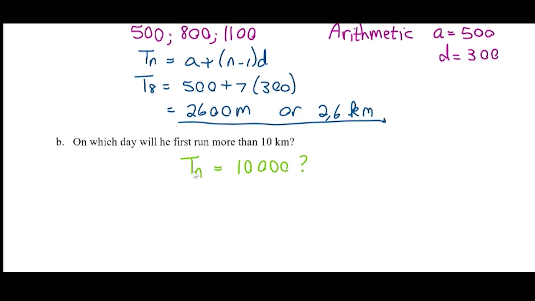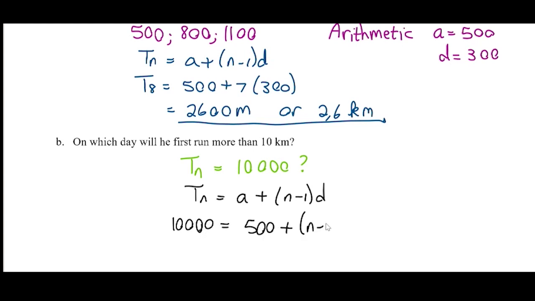Right, here's our equation. Tn equals A plus n minus 1 lots of D. Right, and what we get is 10,000 is 500 plus n minus 1 lots of 300. Let's solve this.